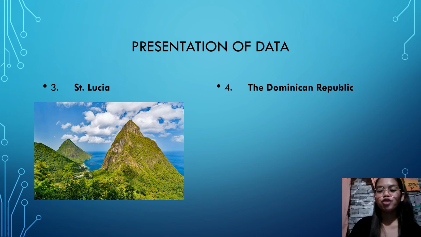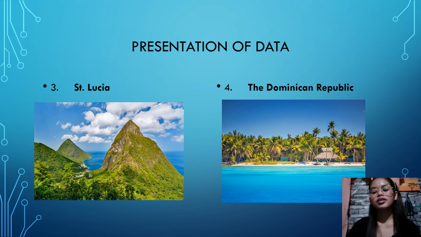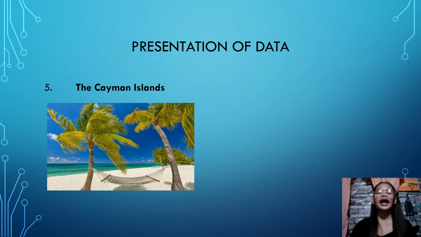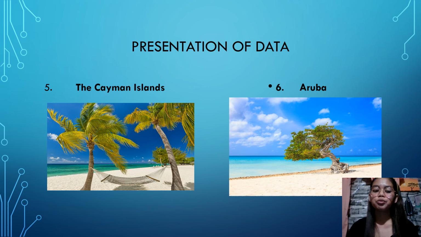Then fourth, we have the Dominican Republic. It has white sand, and it is also famous among tourists around the world. Then fifth, we have the Cayman Islands, the white sand island in the Caribbean. Sixth is Aruba.